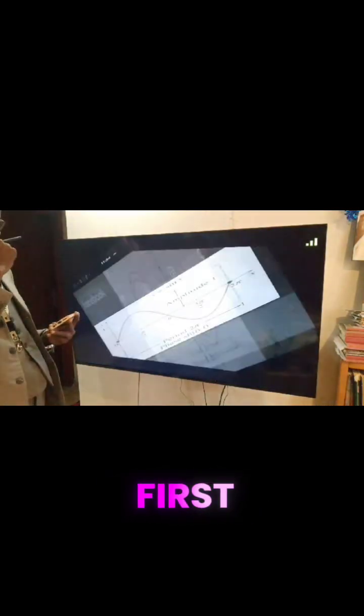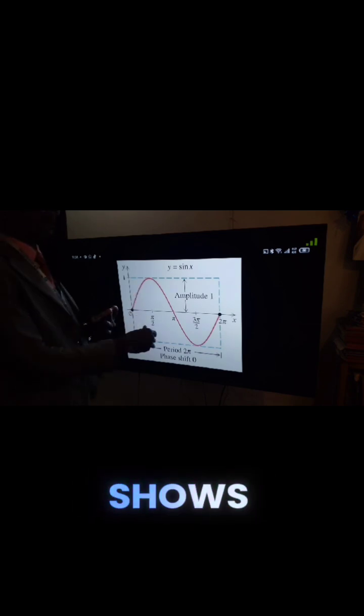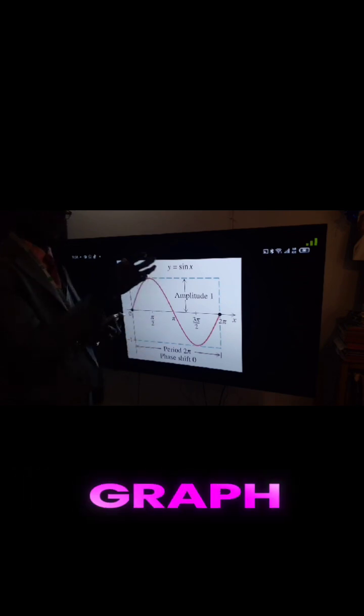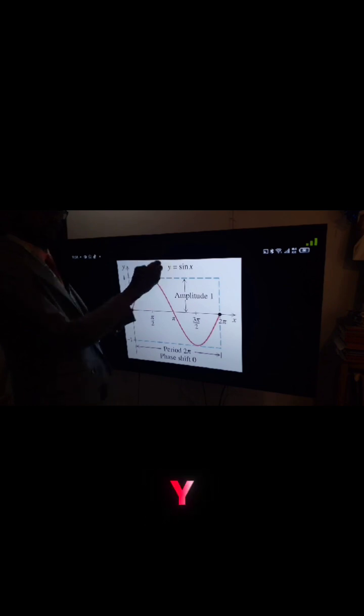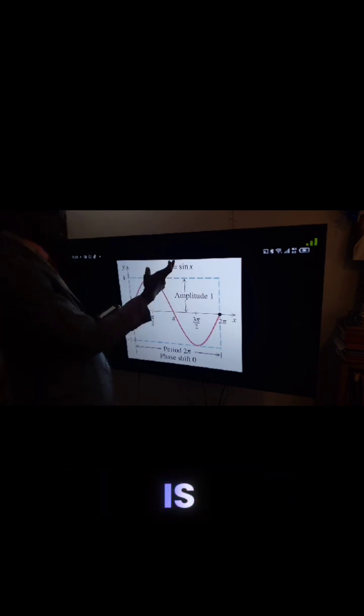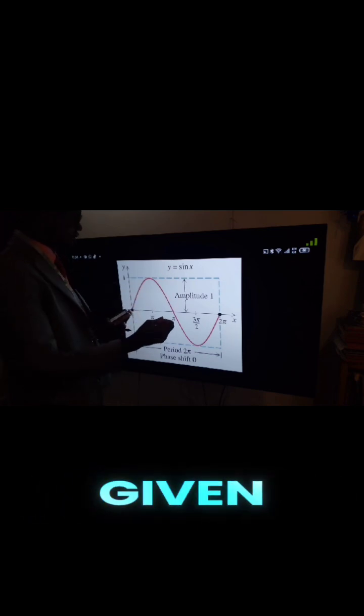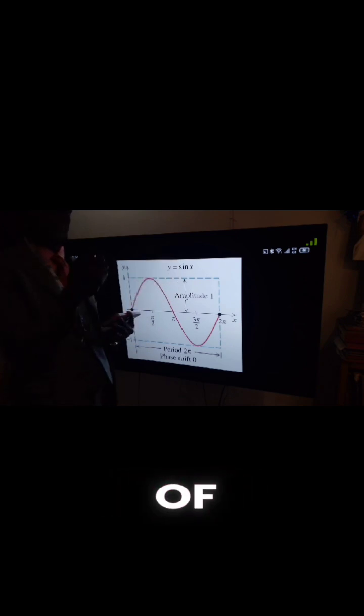The first type of graph that we have here shows a complete oscillation. It is a graph given by y as a function, y equals sine of x.